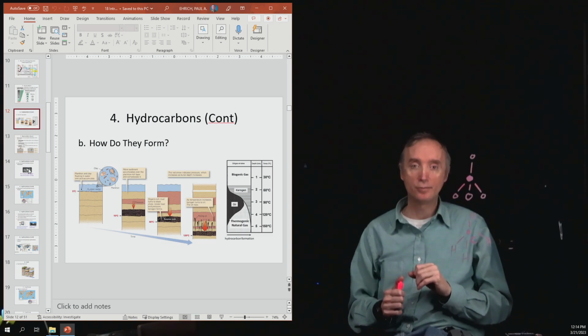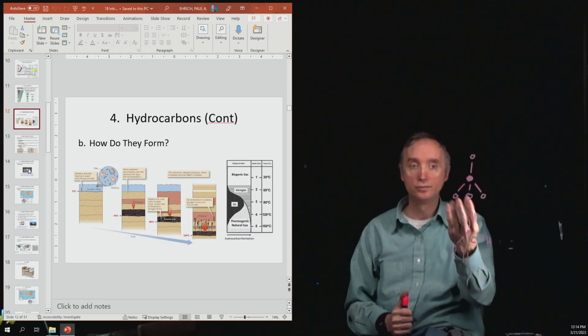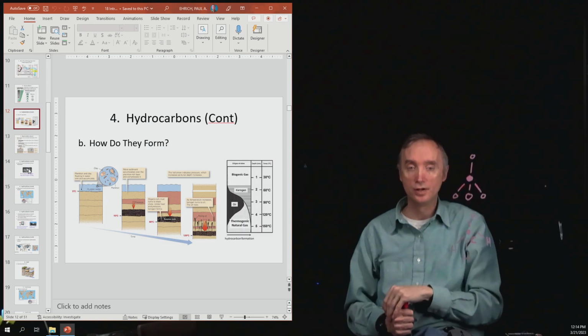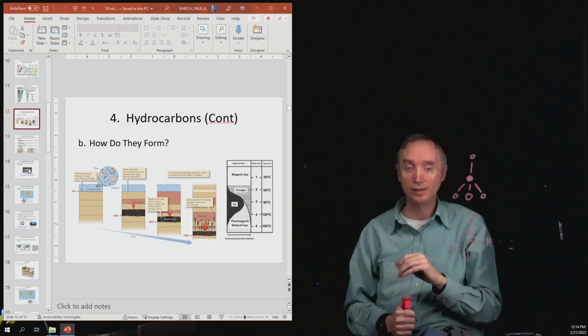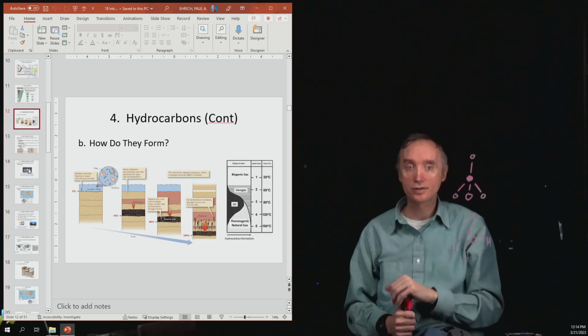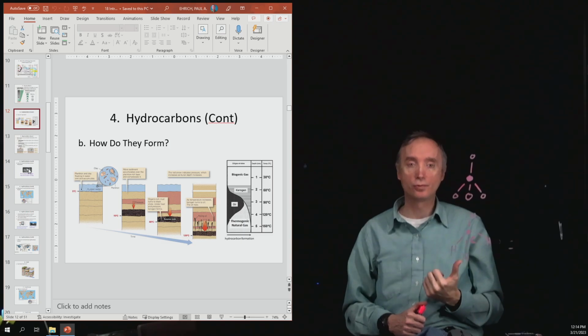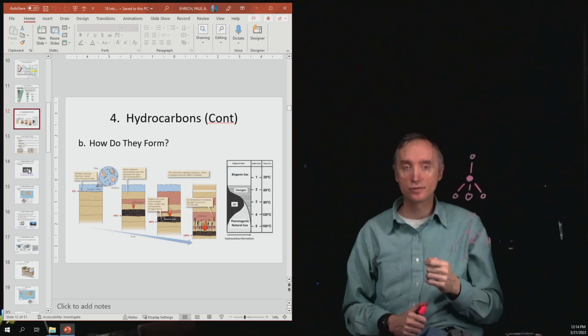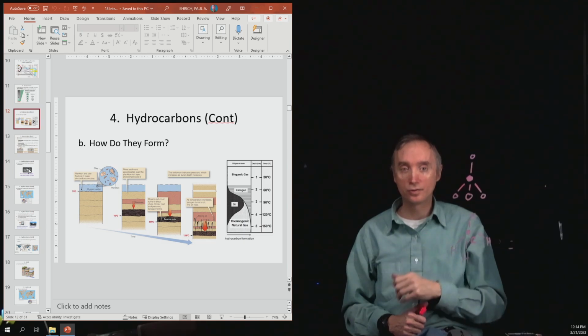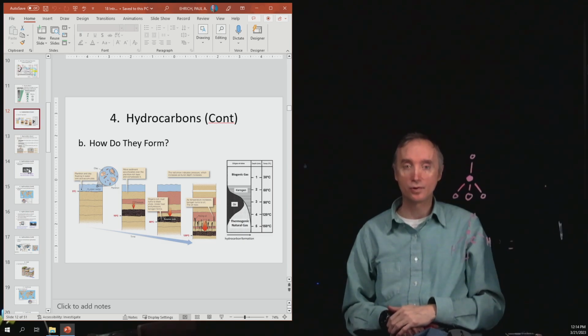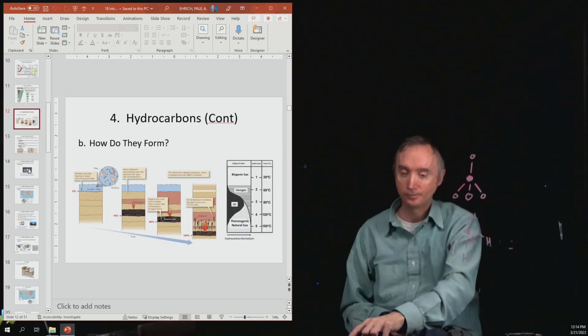Okay, then what can happen though is it will start to float to the surface because it's going to be less dense than the rocks that it's in. So on the picture that is off to the right, it shows the temperatures and the pressures that are necessary in order to make some of these hydrocarbons.